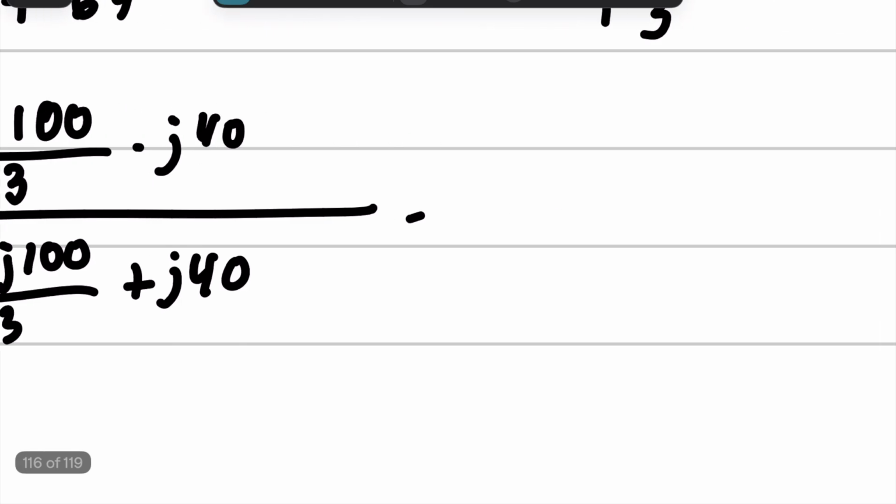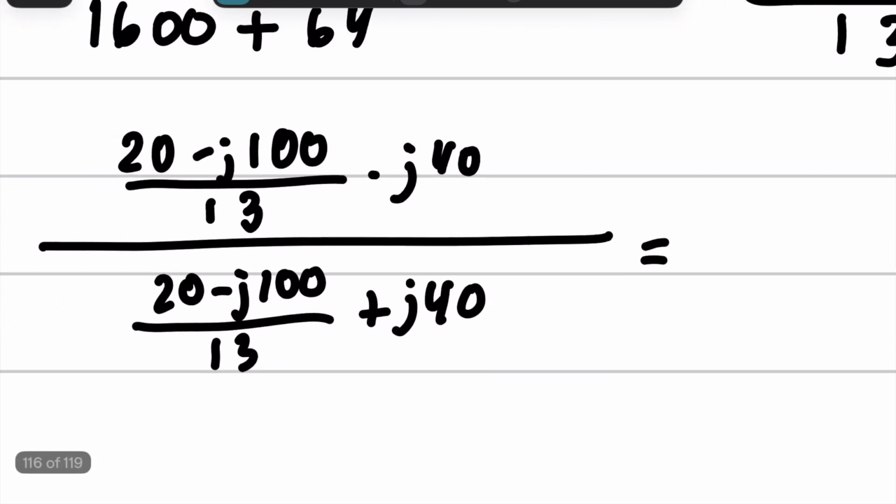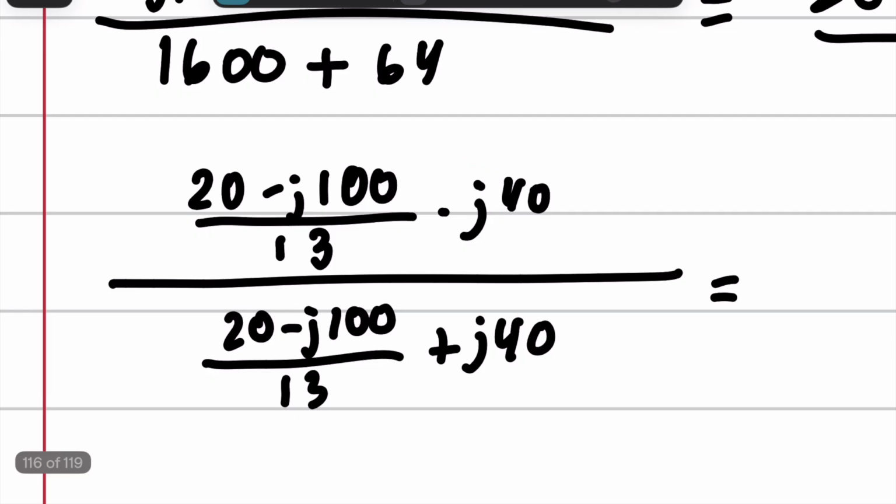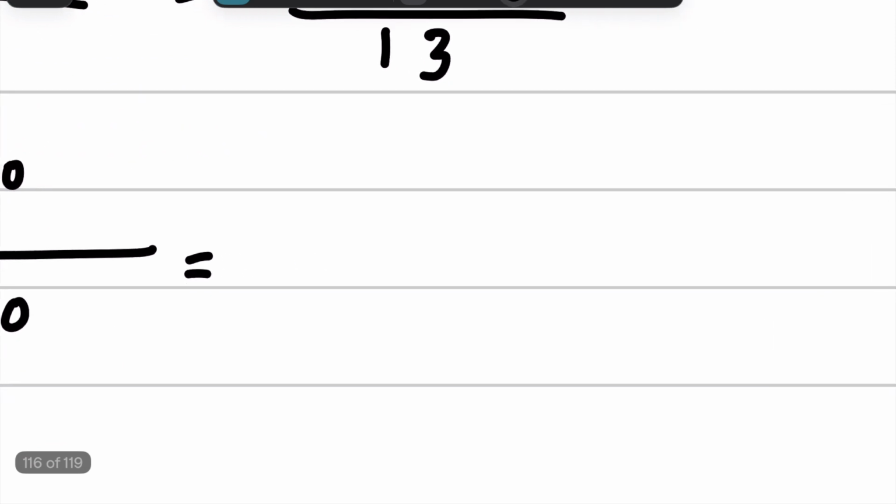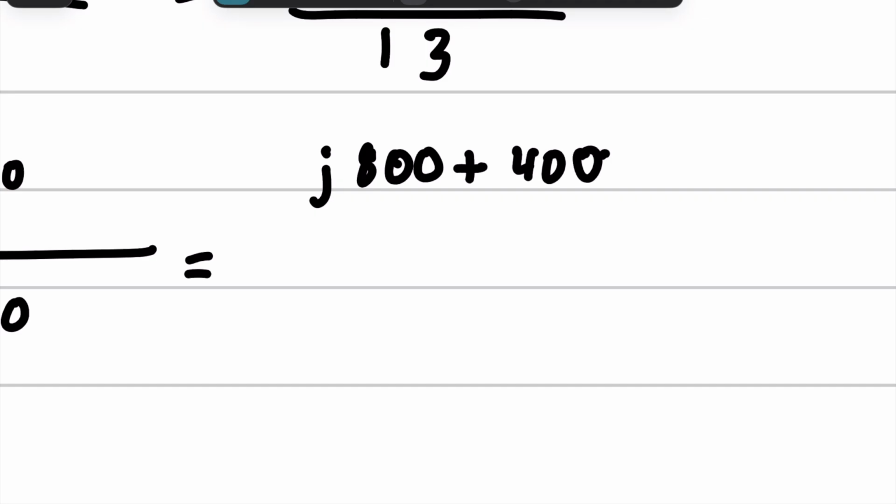And this, I'm going to go ahead and simplify, but what I'm going to do is multiply the J40 out. We're going to get J800 plus 4,000 over 13.